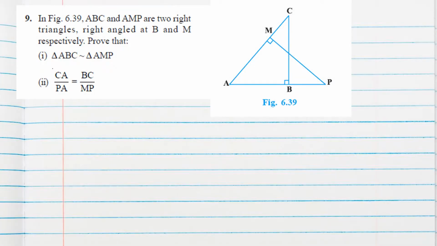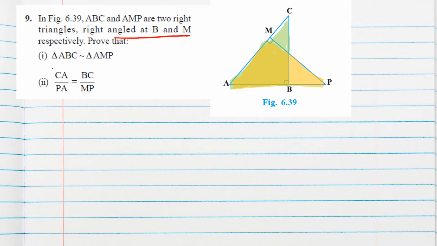Question number 9. Figure is given to us. ABC and AMP are two right angle triangles, and it is already mentioned they are right angled at B and M. Prove that triangle ABC, that is this one, and AMP, that is this one, both are similar.